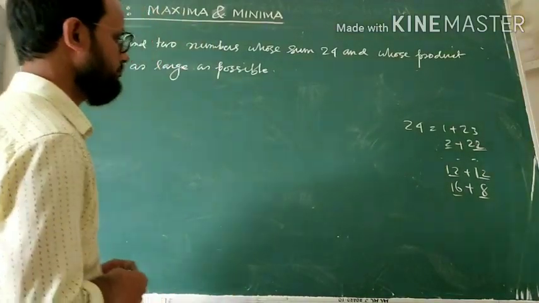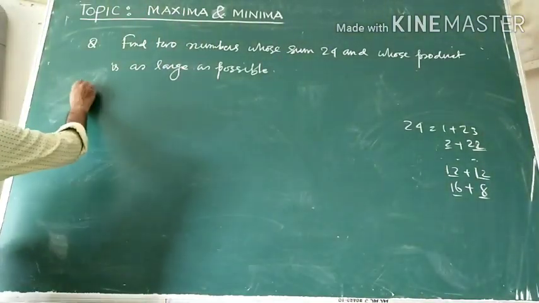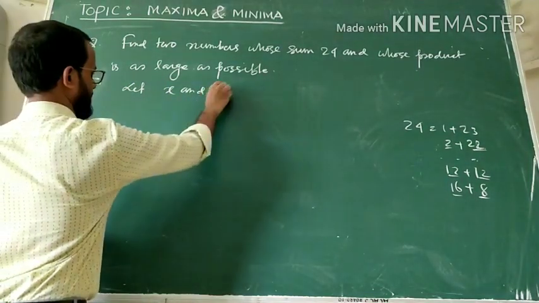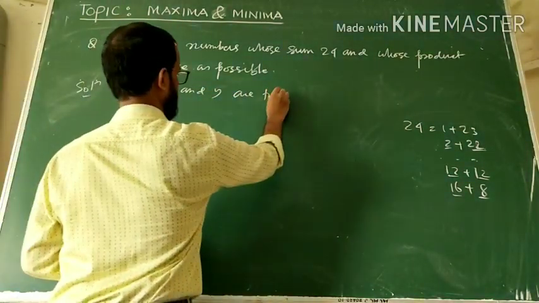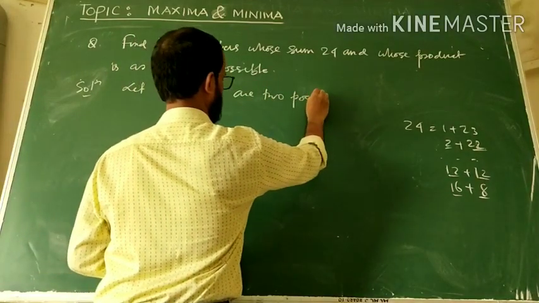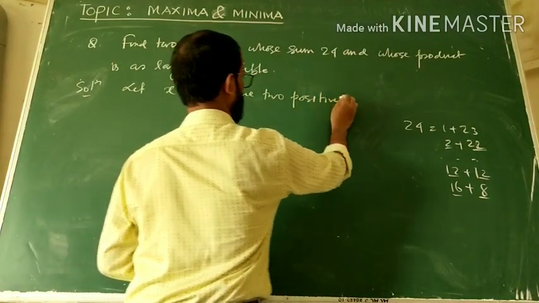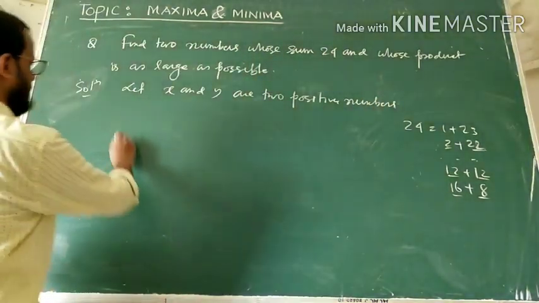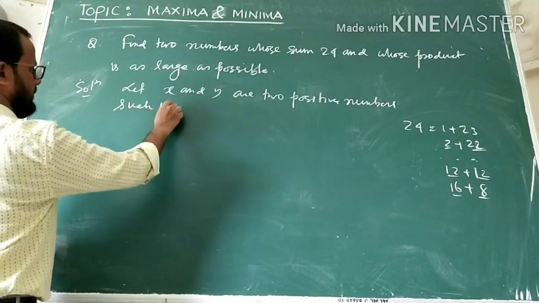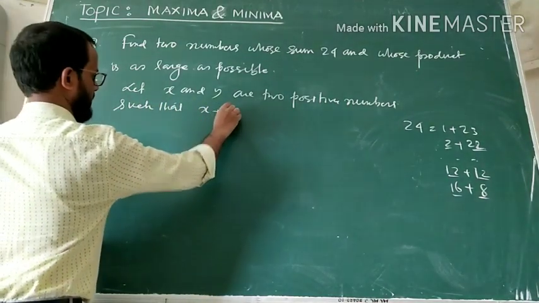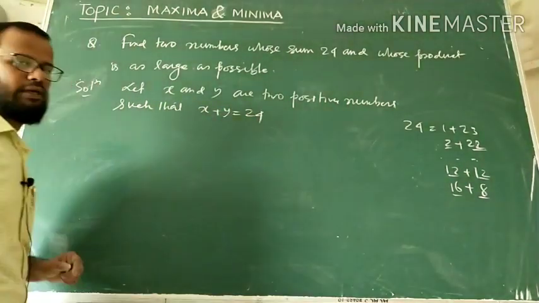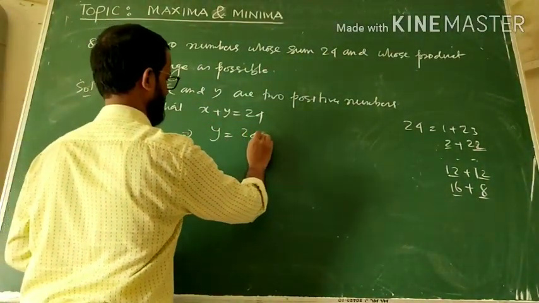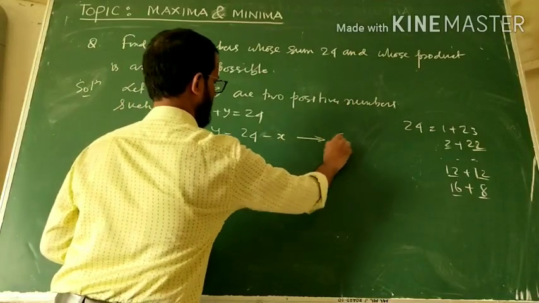Okay, so we take, let x and y be two positive numbers such that x plus y equal to what? 24. This is given. From here you can write y equal to 24 minus x. This is relation number 1.